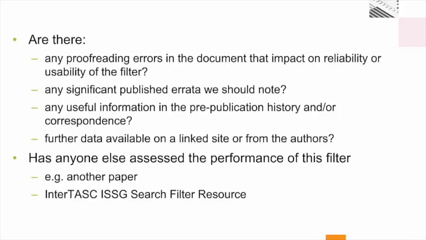We might want to read the pre-publication history to see if there's anything useful in that correspondence. And often people might provide further data on a linked site. And then it might be that the paper that we're currently reading was published a few years ago, so we might check out the InterTASC ISSG search filter results and see if somebody else has tested out the performance of the filter.